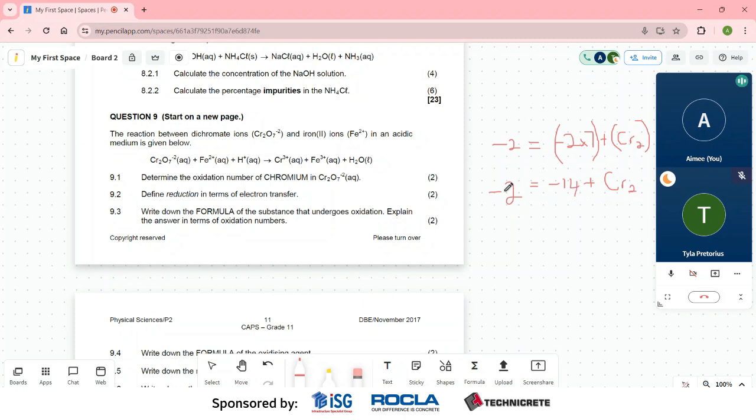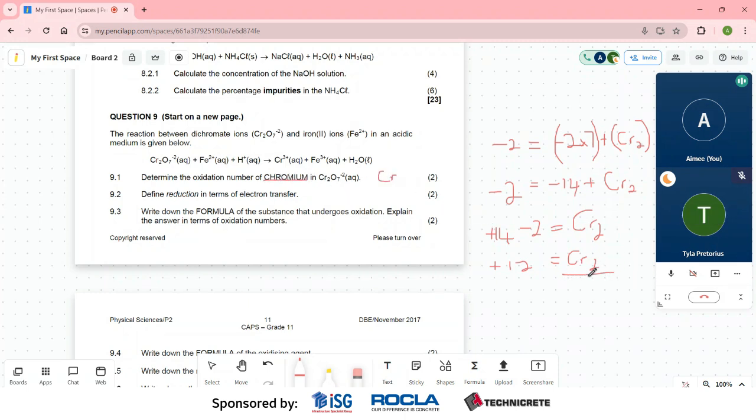Okay, so I take this over and it becomes positive. So positive 14 minus 2 equals Cr2, which gives me positive 12 is equal to Cr2. But I just want Cr on its own. I want the oxidation number of chromium, just Cr, not Cr2.